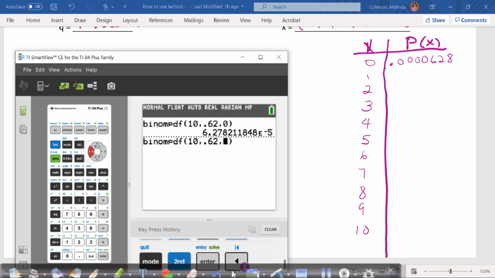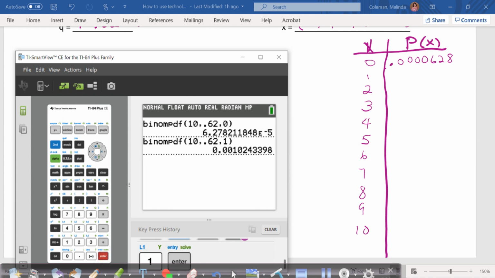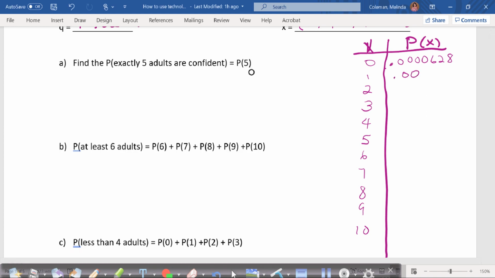So I'll tab over, hit 1, and now it's my binomial with 10 adults, 0.62, and this time 1 person chosen. And now I have 0.001, so that'll be the next value, 0.001.